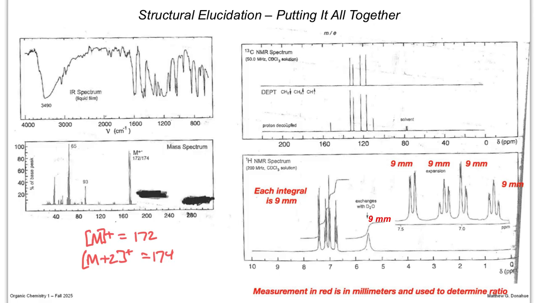So the two structures as drawn are isomers, but one of them fits the data a little bit better.